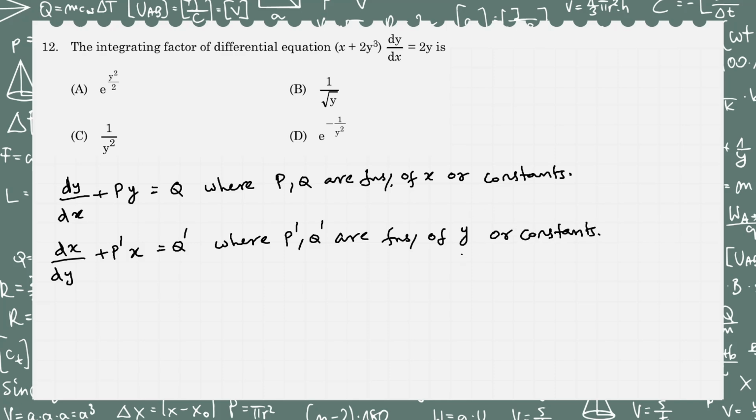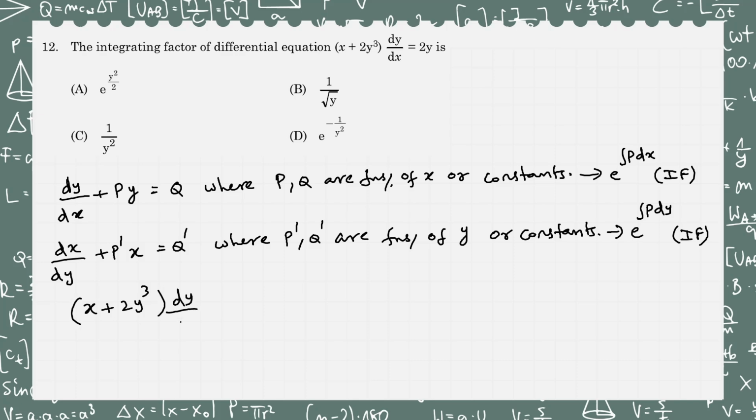So depending on the type it belongs to, the integrating factor will vary. For the first type, the integrating factor is e power integral p dx. And for the second type, the integrating factor will be e power integral p dy. So we have to decide which type it belongs to. So let us consider the given differential equation x plus 2y cube times dy by dx equals 2y.